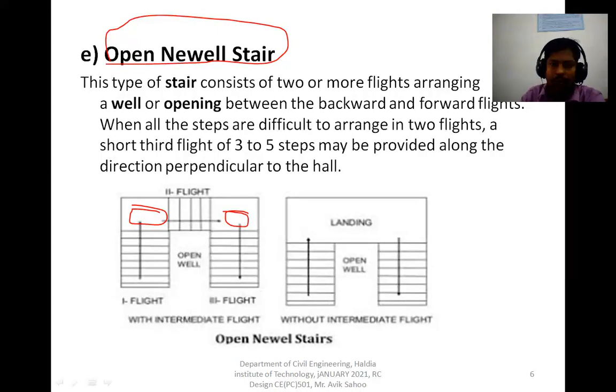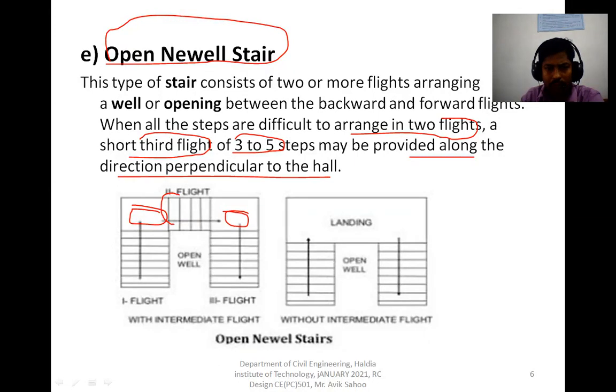To reach the floor you have to provide a number of steps. If all the steps are difficult to arrange in two flights, then a third flight is introduced. This flight of 3 to 5 steps may be provided along the direction perpendicular to the hall.